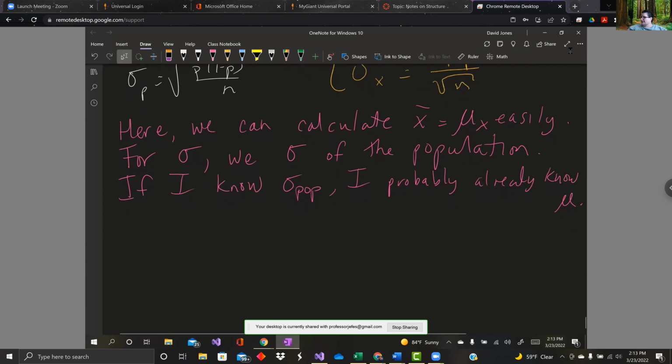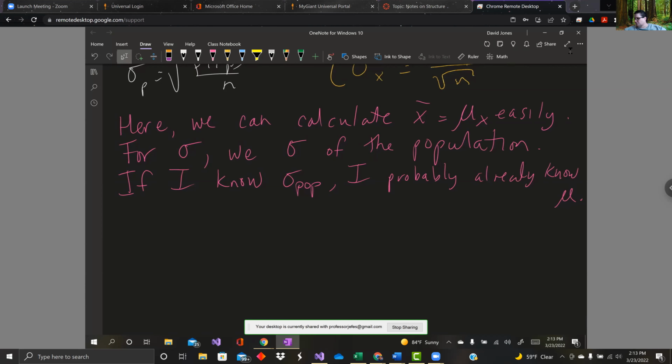Well, you're not going to be tested on it, so I'm only going to put little bullet points in here. Back in the 1900s, there's a guy named Gossett. And Gossett, he's working for Guinness Breweries. And he needs to figure out how well certain beers, ales, whatever they were making at the time were working.